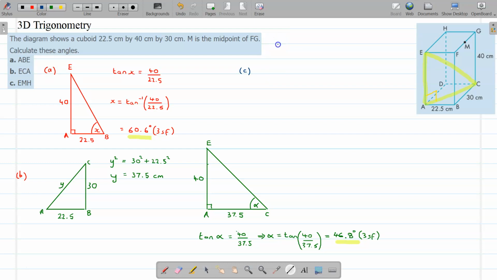So I'm going to have this sort of box with 22.5, and across here it's going to be 40, and then it's going to finish off like that. And in the midpoint, which is M here, I'm going to have my triangle that goes up to the midpoint and back down again, making an isosceles triangle inside the box. But I just need to be careful now to label the points correctly.